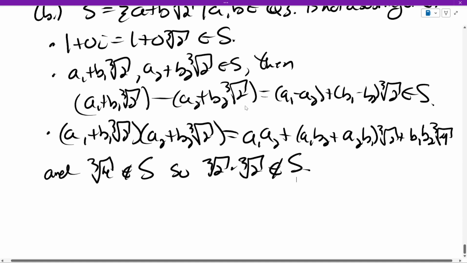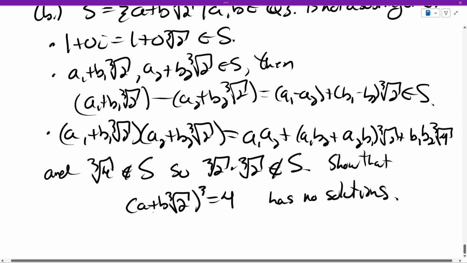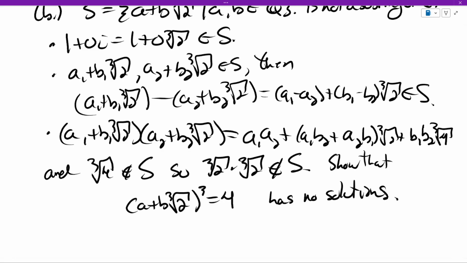But roughly, as moral homework, you can show that if you were to cube something and get 4, this should have no solutions. That is, it's impossible to find a representative for the cube root of 4 using just a rational plus a rational times the cube root of 2.